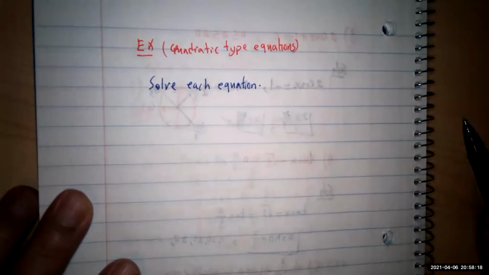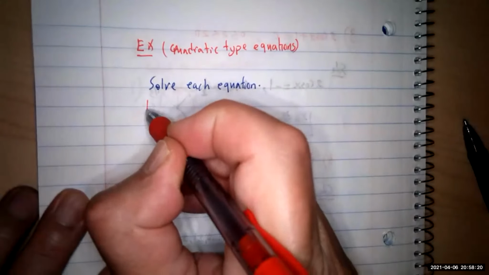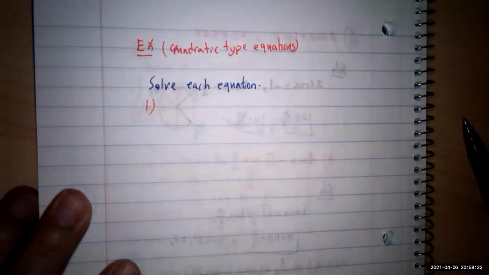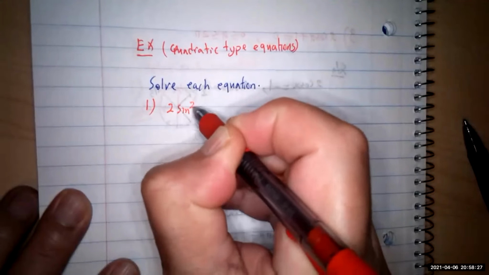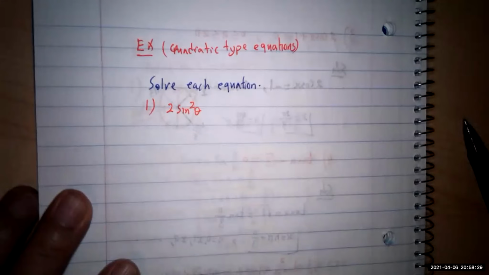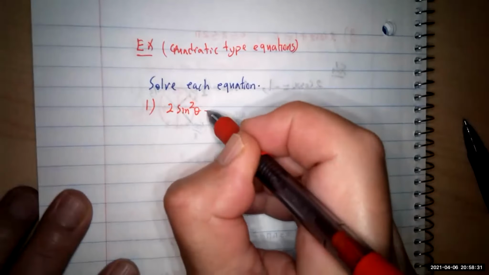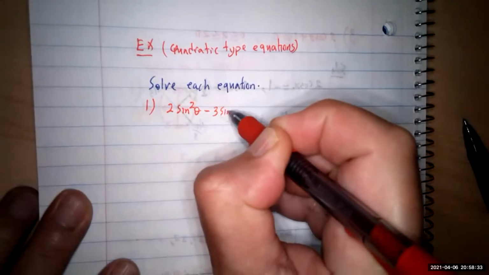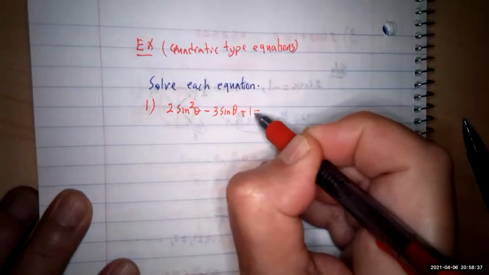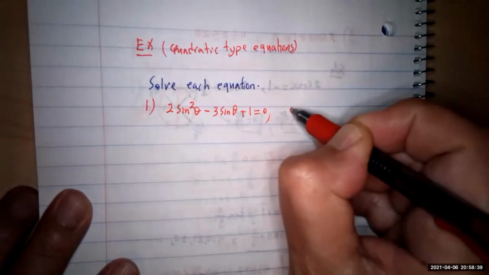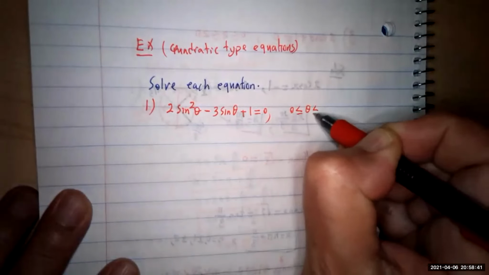It can come with sine or cosine. So the equation is 2 sine squared of theta minus 3 sine of theta plus 1 equal to 0, and theta is between 0 and 2 pi.